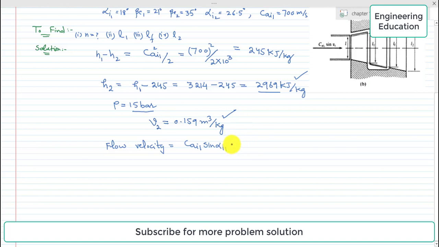Now putting the values, C_i1 is 700 and alpha_i1, which is the nozzle angle, 18 degree. So simplifying this, we get 216.3 meter per second. So this is the flow velocity.